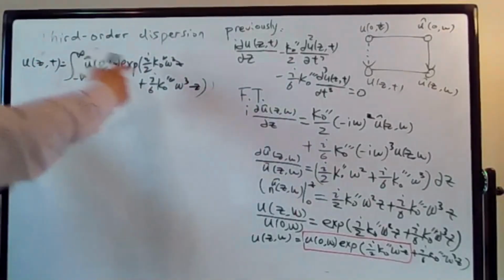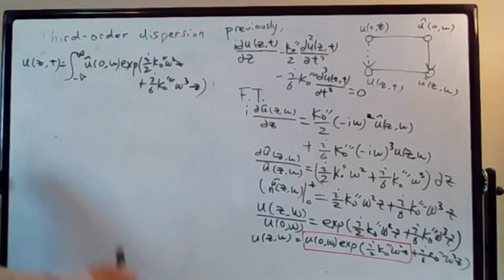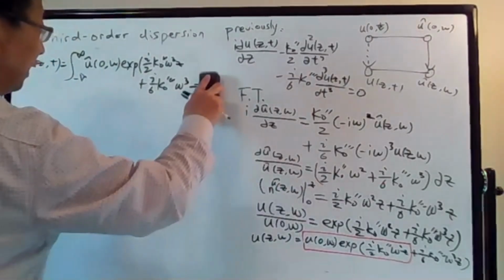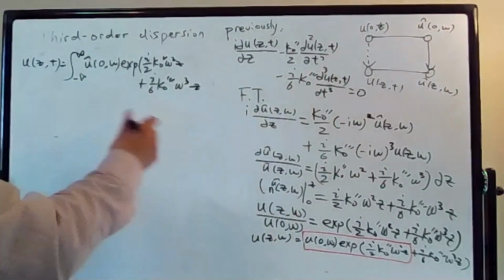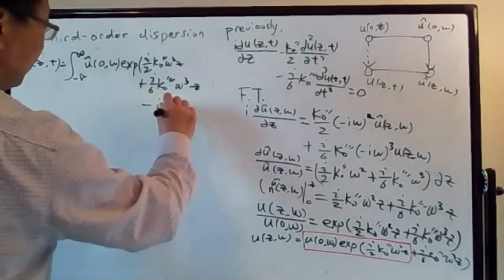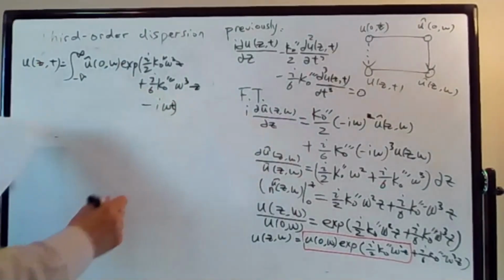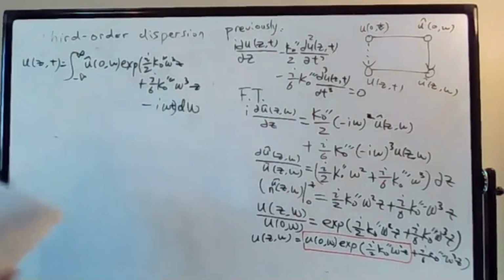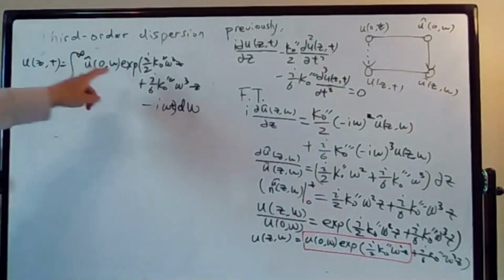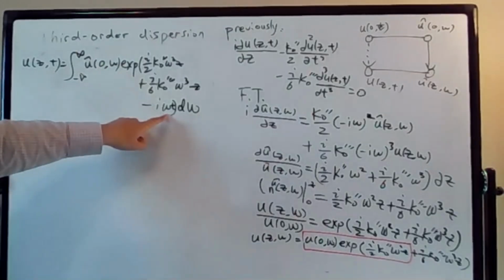And then we need to add another term, the Fourier transform factor exponential of minus i omega t, d omega.